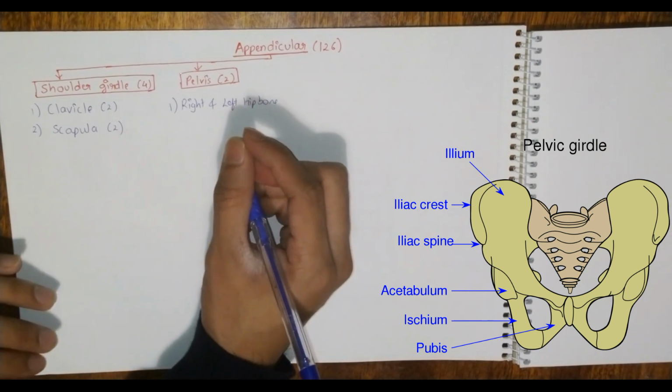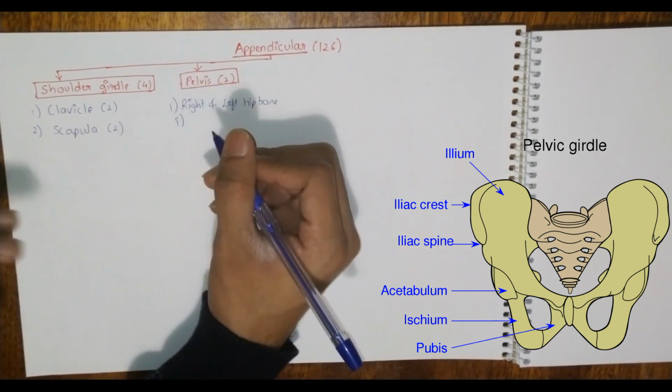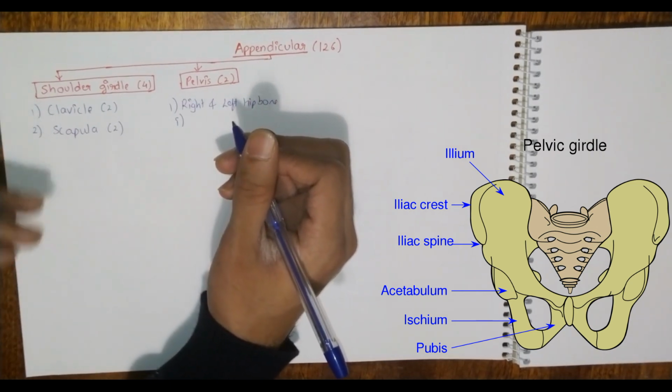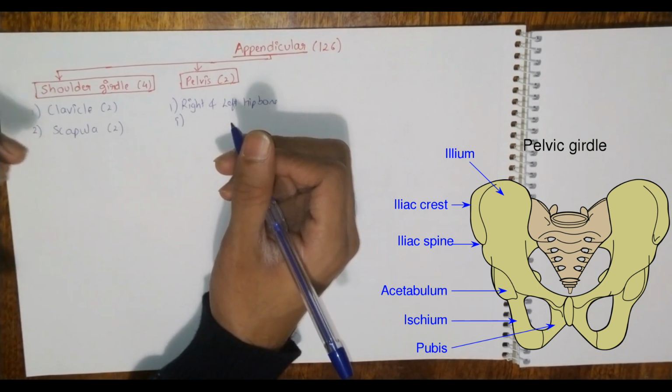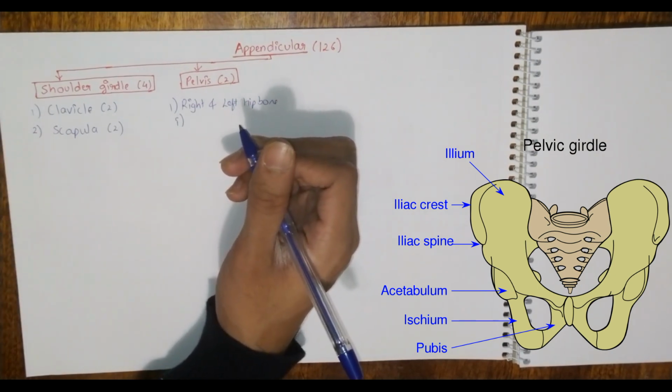For your further classification, I'll say that the 3 bones on each side, in the right side 3 bones and in the left side 3 bones, have merged and formed into one that contains the right hip bone and the left hip bone.